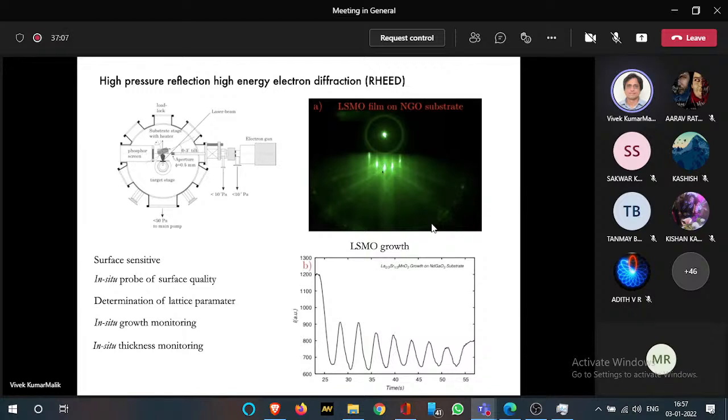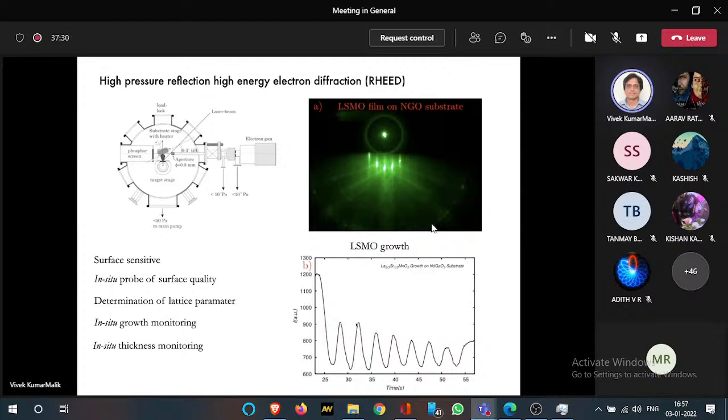So if you start to observe the intensity as a function of time as it grows, you can see on the right hand side of the bottom of the screen, like say figure B, the intensity goes down and then comes up, goes down, comes back up. So between the two maxima, actually one unit cell is formed over there.